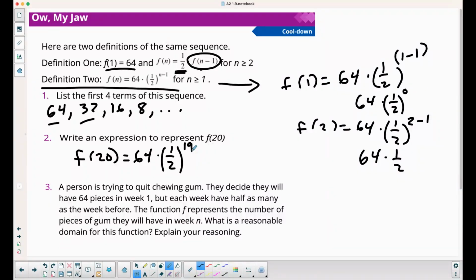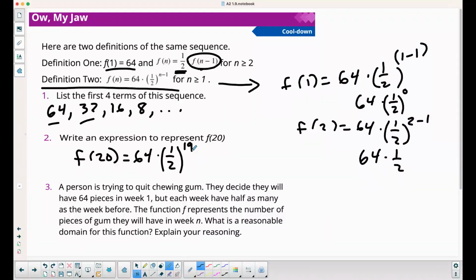All right, number 3. A person is trying to quit chewing gum. They decide they'll have 64 pieces in week 1, but each week have half as many as the week before. Kind of looks like our situation here. Function f represents the number of pieces of gum they will have in week n. What is a reasonable domain for this function? Explain your reasoning.